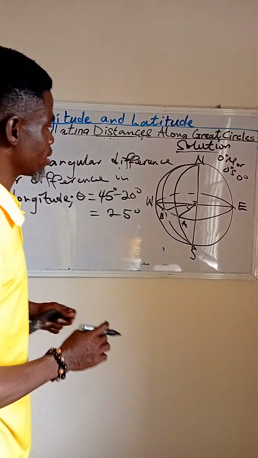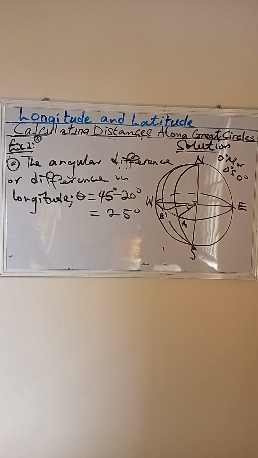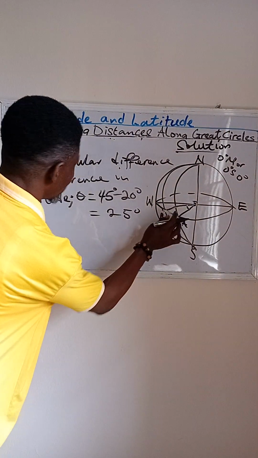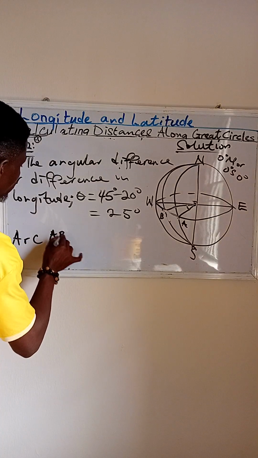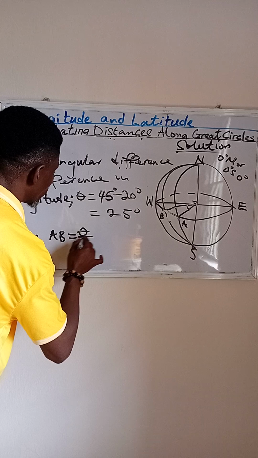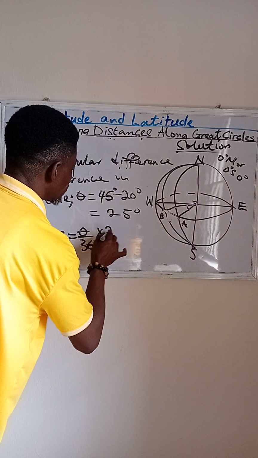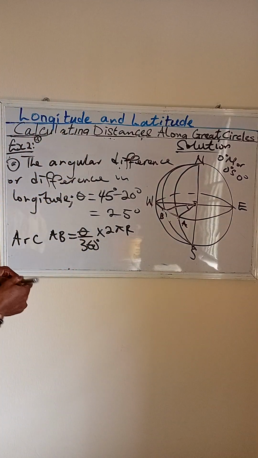Now, the question says calculate the distance between A and B. So the distance AB is theta over 360 times 2 pi r.